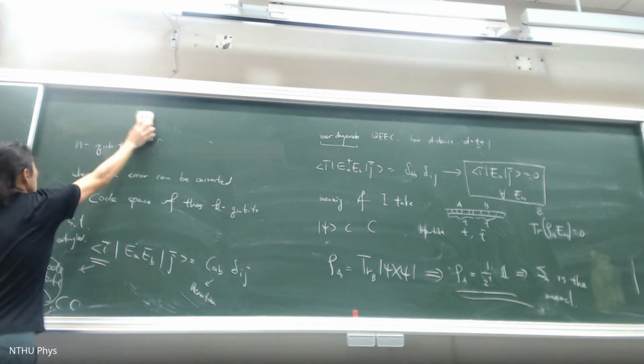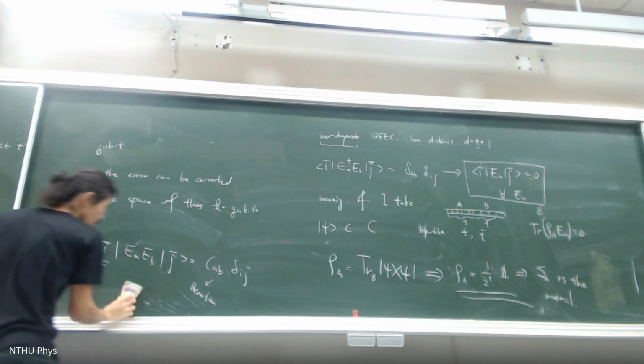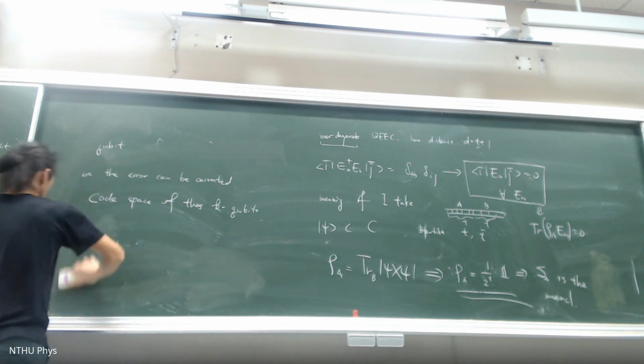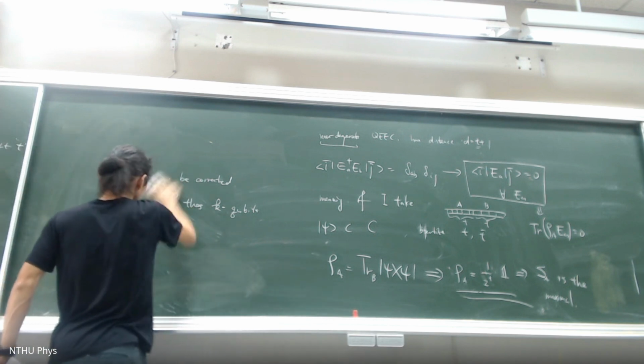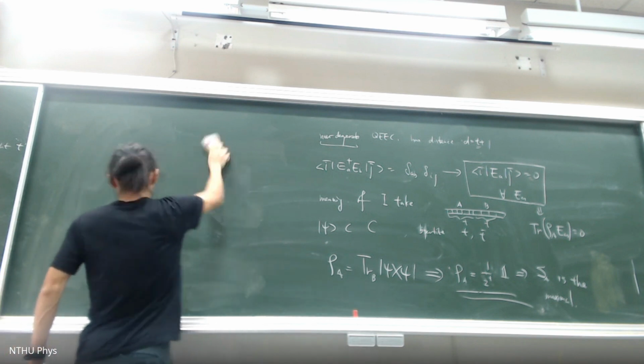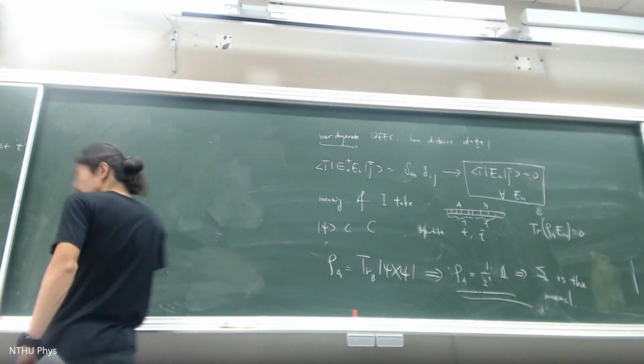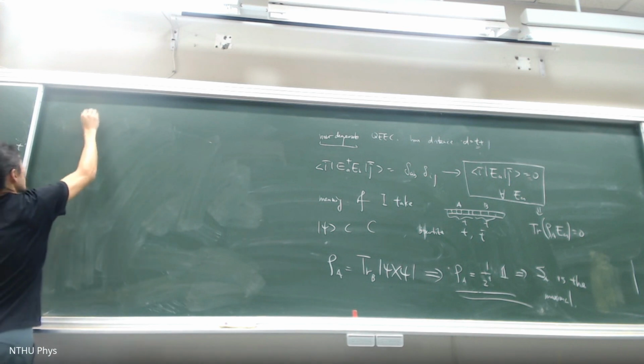Now we want to talk about a more specific code called the stabilizer code, and then we will try to give a deeper review of it.